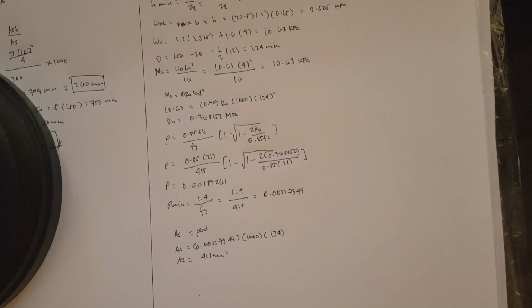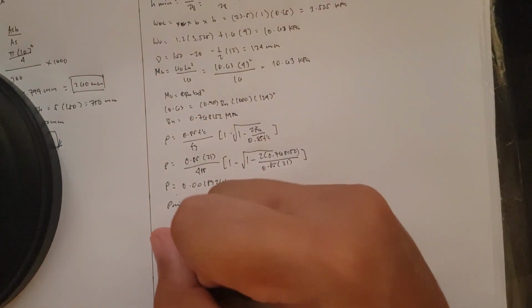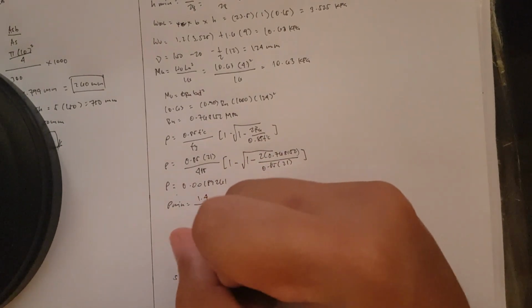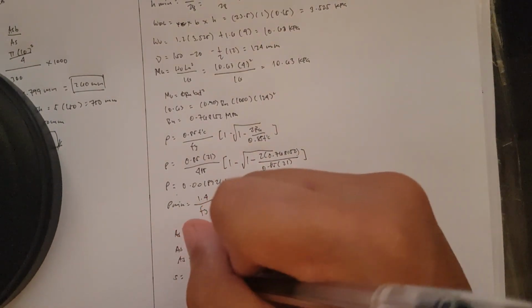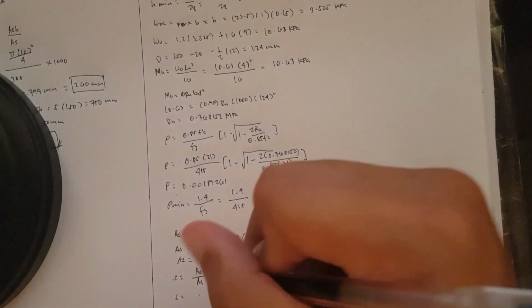So susunod ngayon natin yung pag-compute sa spacing natin sa main bar. So katulad kanina, spacing is equal to As bar over As. Substitute lang natin.